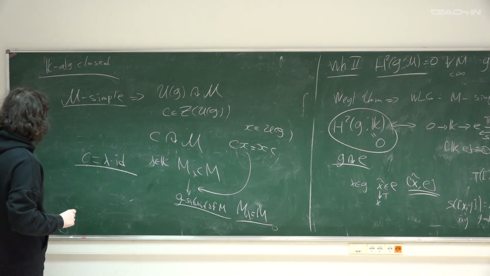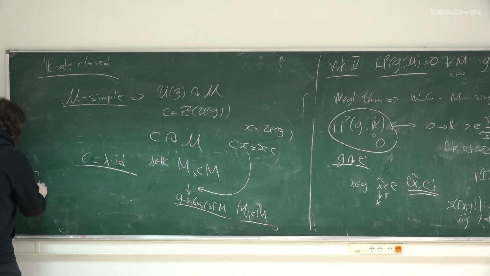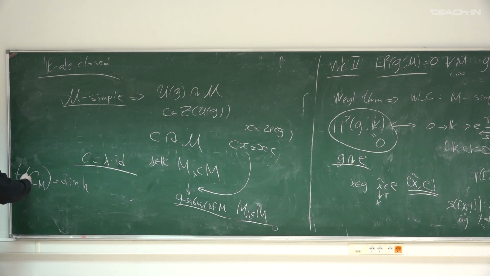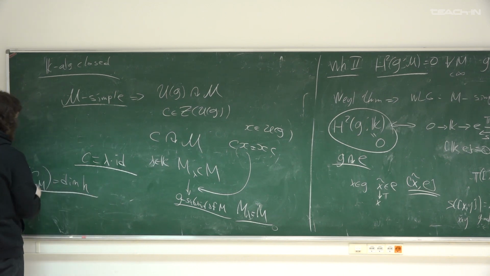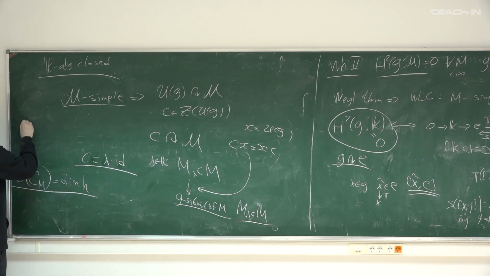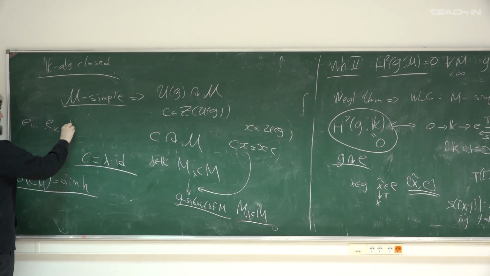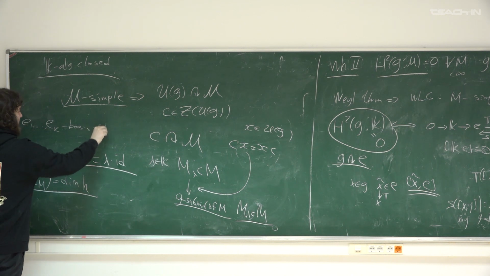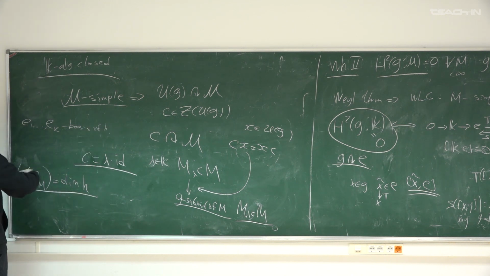Then we only need to check for the Casimir element in this situation that its trace is equal to the dimension of H. If I choose some basis of H, then by definition of my Casimir element, this Casimir element is just this.